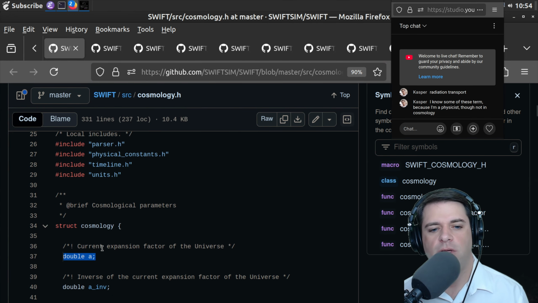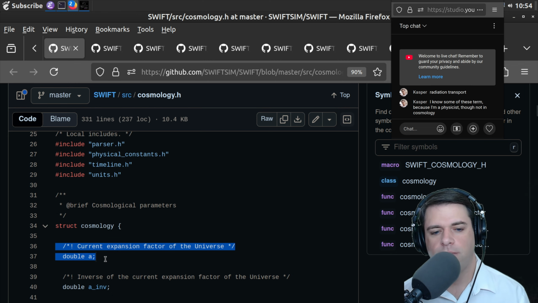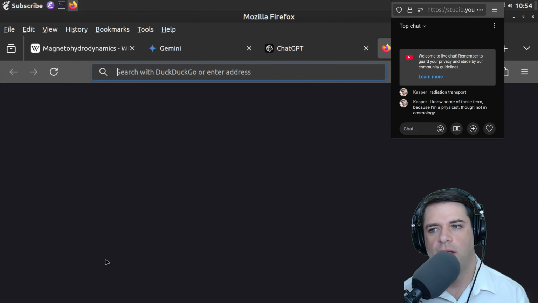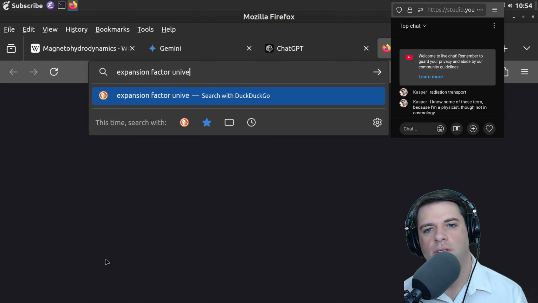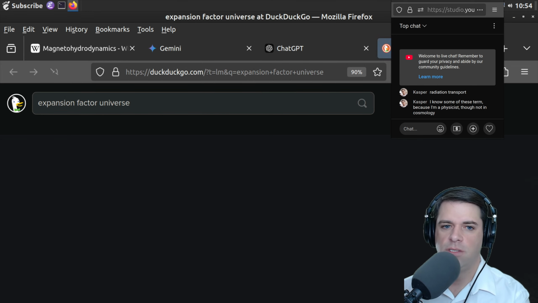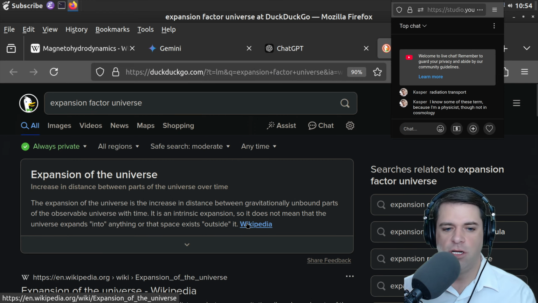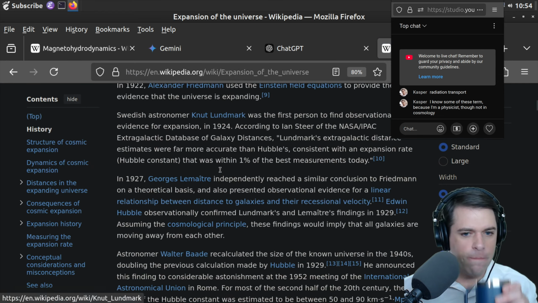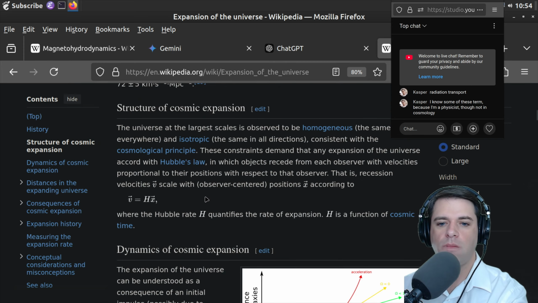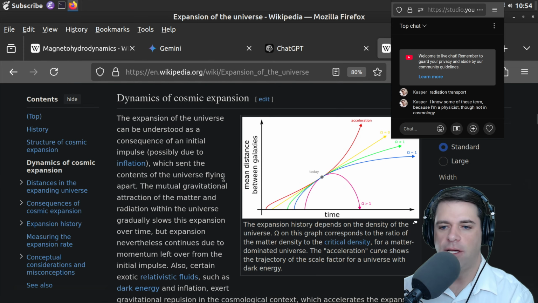But let's see if we can look that up. And Casper, you can tell me if that's way off. I'm not even sure what the right search term is. Expansion of the universe. This is the Hubble rate.